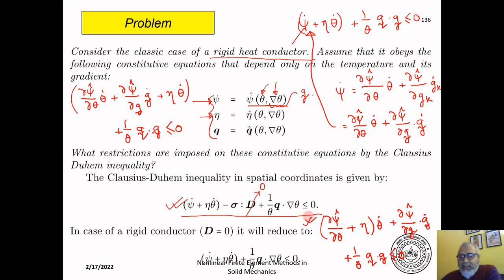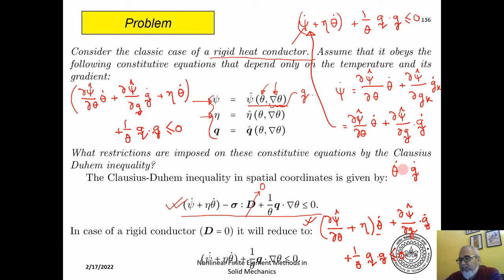Also note that psi hat is a function of theta and g. It's not a function of theta dot. Similarly, eta is a function of theta and g, and it's not a function of theta dot. Psi hat is not a function of g dot either, which means that I can, in a thought experiment, vary theta dot and g dot independently of these coefficients here.